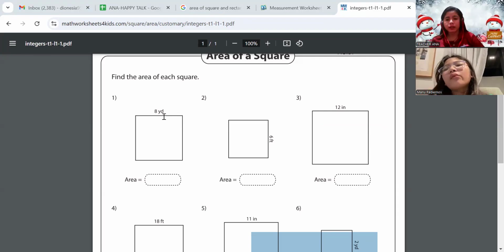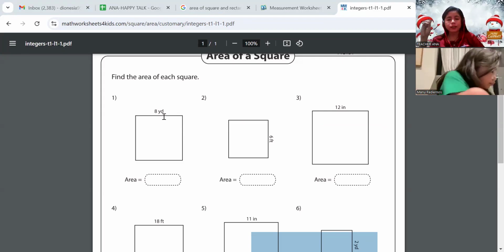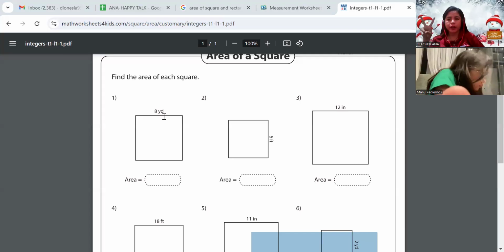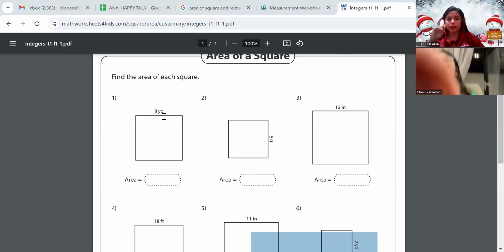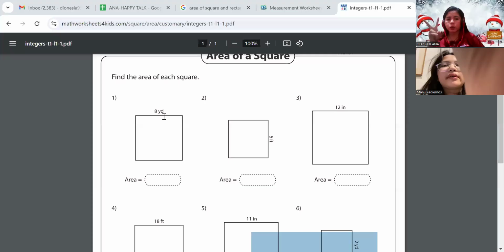Compared to the rectangle, the length and width of a rectangle are not the same. They have different measurements. But on this square, length and width are the same.